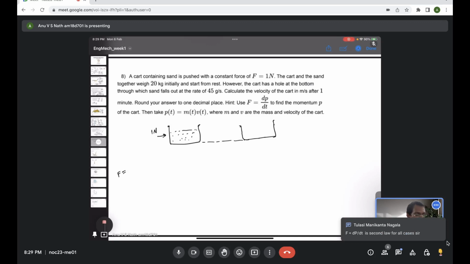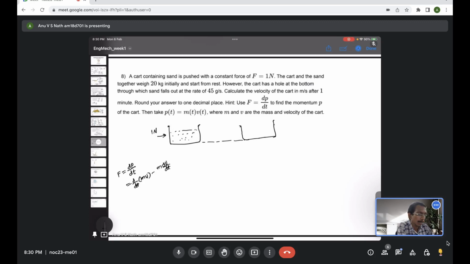As in the comment, dp by dt is the correct law always. So this is the correct expression, and p is m times v. Whenever mass is constant, you can take it outside and write m into dv by dt, or ma.